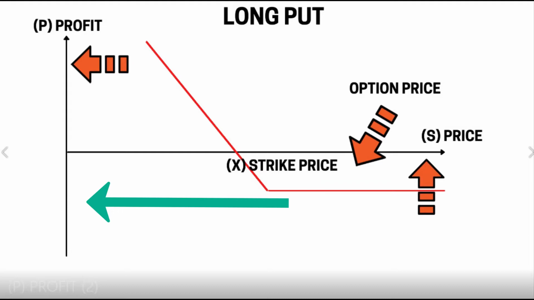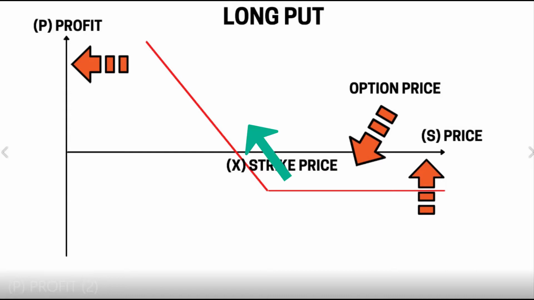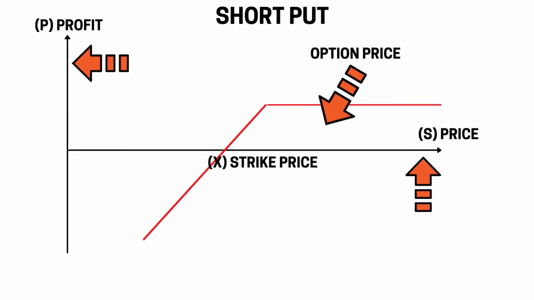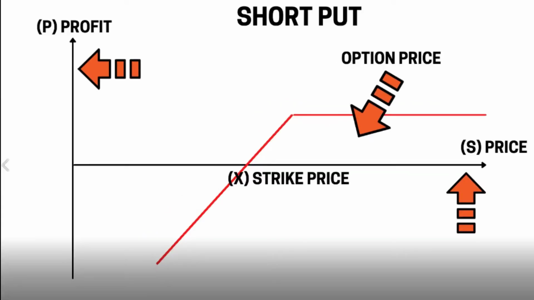Well, we can see from the right hand side this time that the cost to us is set from the beginning, the premium paid, and we really want that price to go downwards and downwards heavily. It's got to get past X, the strike price, for us to break even. As you can see, the P&L line, that red line, starts going up and making us money when the price goes down. Our final starter strategy is the short put, and that's simply just the opposite of the long put.